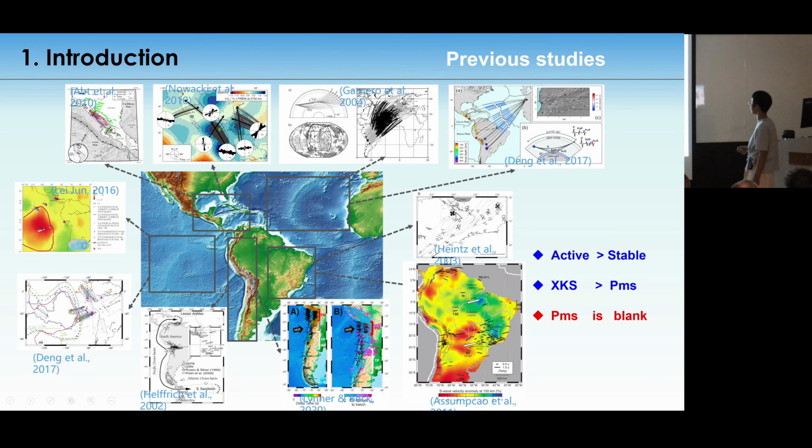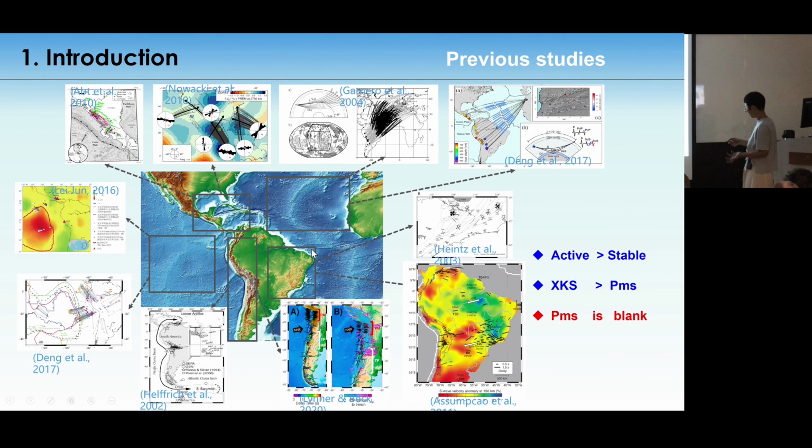This is mainly the research group of Professor Assunção. In previous studies we have crustal anisotropy in the active regions, but for the stable part we don't have this kind of data yet.